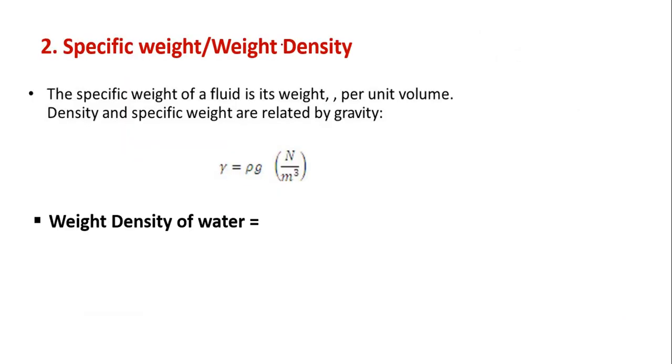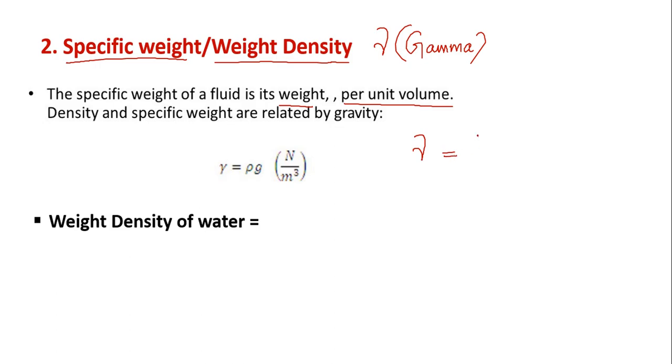Next we'll look into another property, that is specific weight or weight density of the fluid. As the name indicates, it is the weight of the fluid per unit volume. Specific weight is expressed by the symbol gamma. So we can write gamma is equal to weight of the fluid divided by volume of the fluid.